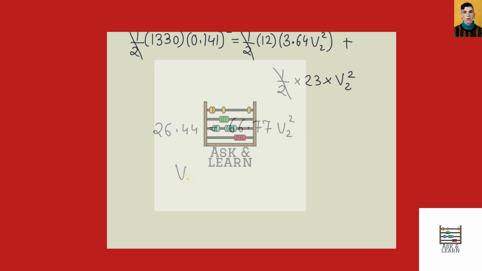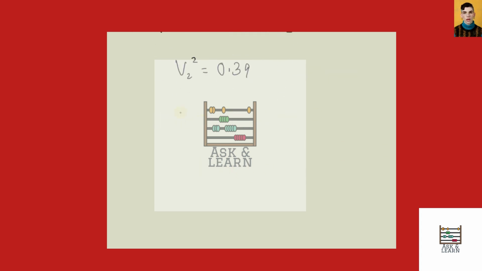From here, v2 square will be equal to, dividing both sides by 66.77, 0.39. Now taking the square root on both sides, v2 will be equal to the square root of 0.39. So v2 we get as 0.62 meters per second.